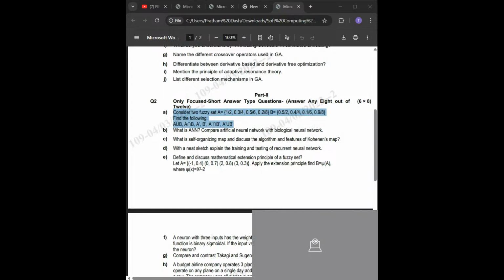So how do we solve this? We need to find A union B. It has four elements. So union basically means the max of the elements, the max of the first element, the max of the membership.